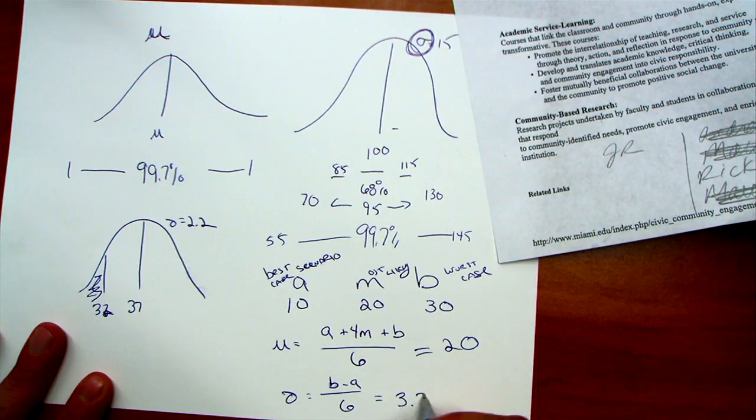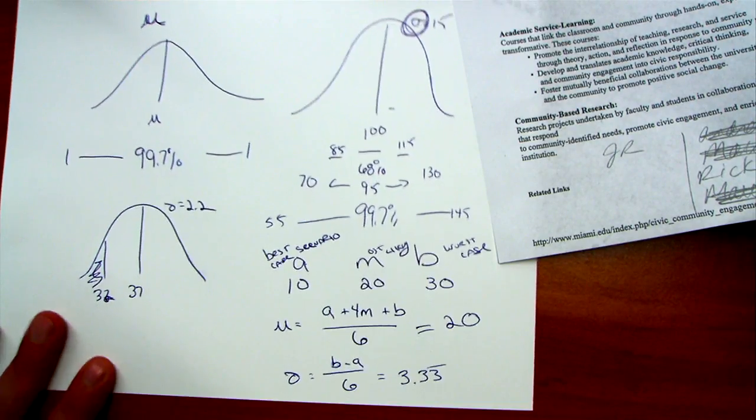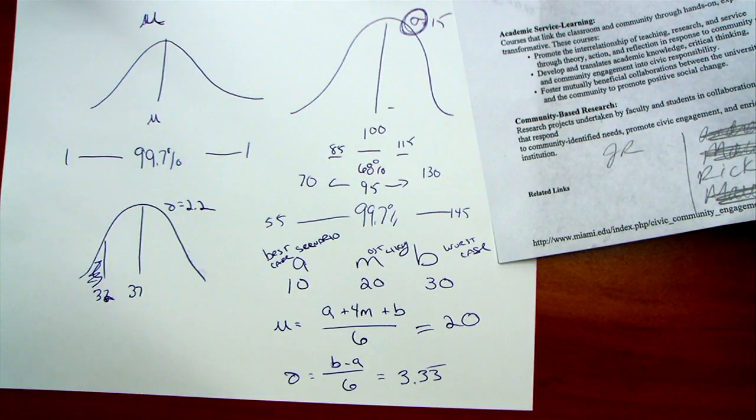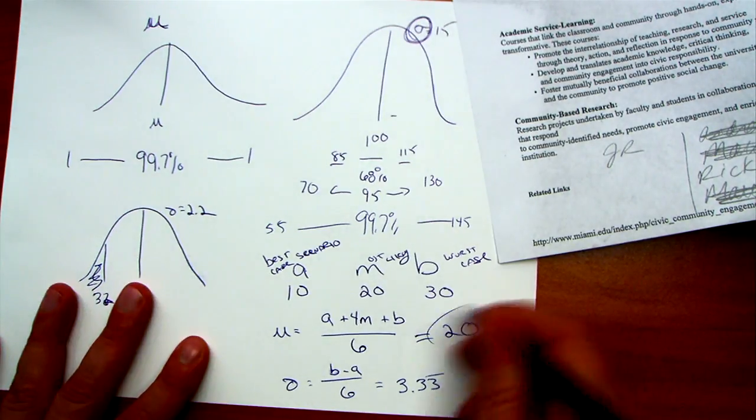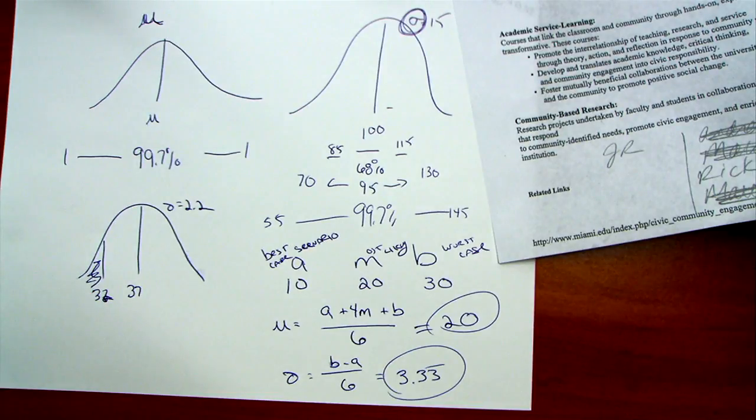Gives me 3.333. So then it uses that as the mean and that as the standard deviation for that task, right? It tries to take the way we think and put it in terms of mean and standard deviation, which allows us to do probability better.